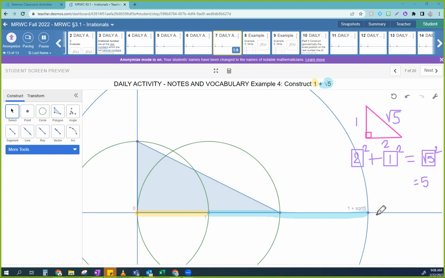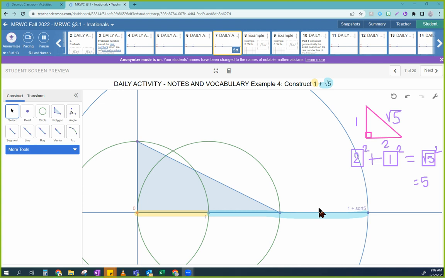So that is how you make constructions on Desmos. These constructions, if we were to do them by hand using a compass and a straight edge, would come out exactly the same. The thing I really like about doing it on technology is that students would have to learn how to use a compass, and it's this funny thing about holding the compass, not squeezing it, your pencil not skewing across, your paper not slipping.